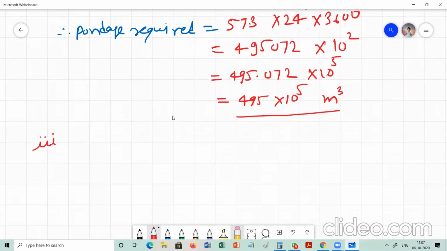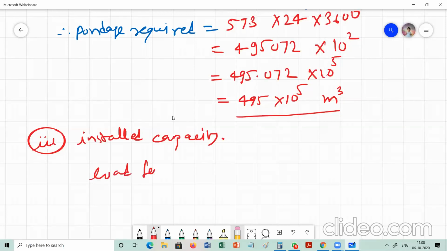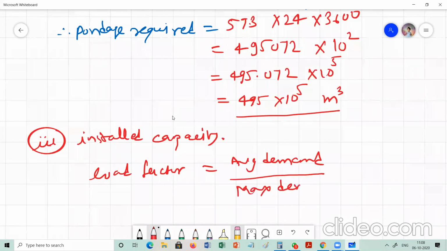The third quantity they asked for is the installed capacity of the proposed plant. For that, we can use the formula of load factor. Load factor is equal to average demand by maximum demand.